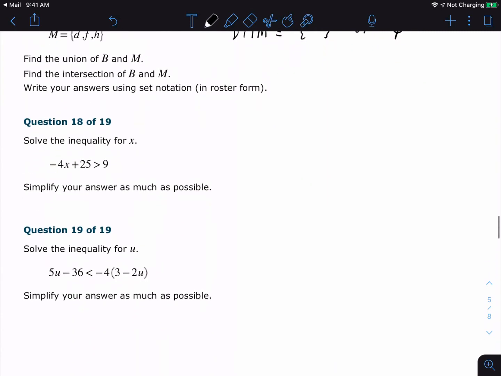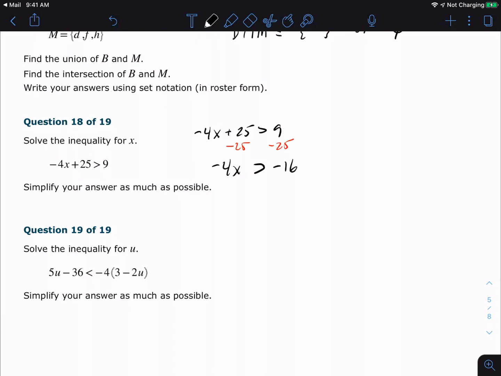Okay, the next problem is solve the inequality for x. And when we do that, it's just like we've done, right? 4x plus 25 is greater than 9. I'm going to subtract 25 from both sides. And so I'm going to get negative 4x is greater than, what's that going to be? Is that a negative 16?